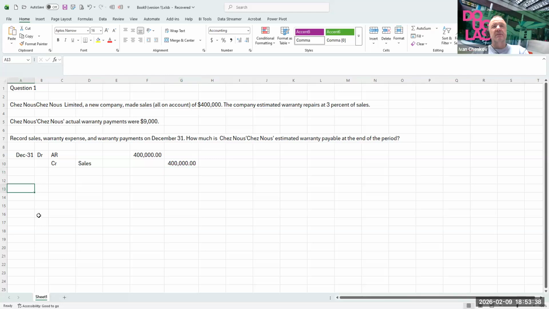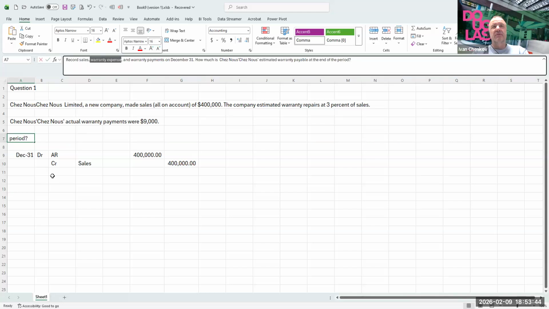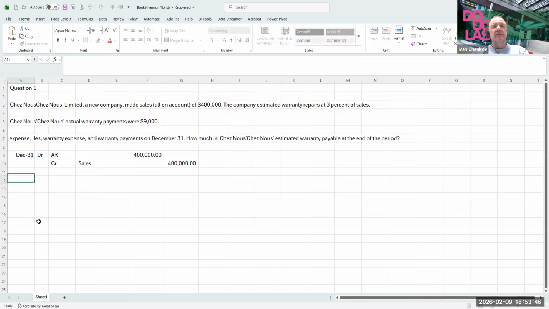Next one is we have to record the warranty expense for the year to match the sales. So for the warranty expense, we have to first calculate it. They're saying that they estimate the warranty repair will be 3% of the sales. So let's do the entry based on the 3%, December 31st. We're gonna have debit warranty expense.